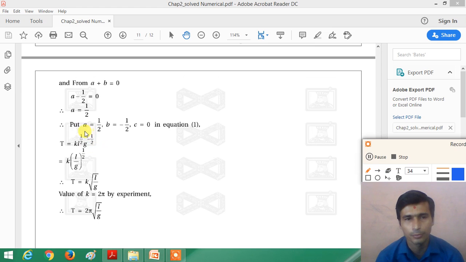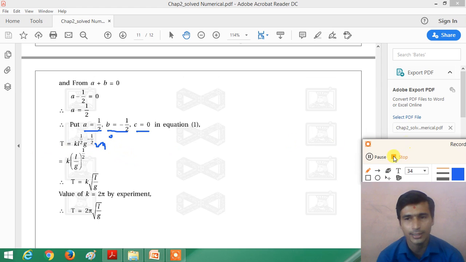If we put a is equal to 1 by 2, b is equal to minus 1 by 2 and c is equal to 0, we get T is equal to k, L raised to 1 by 2, g raised to minus 1 by 2 and m raised to 0. But m raised to 0, any value raised to the power 0 is equal to 1, so we need not write m raised to 0.